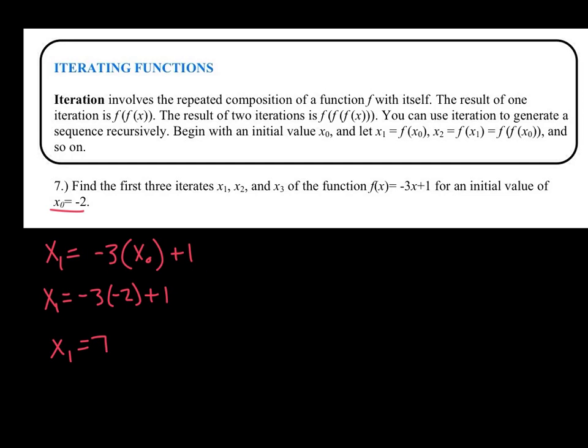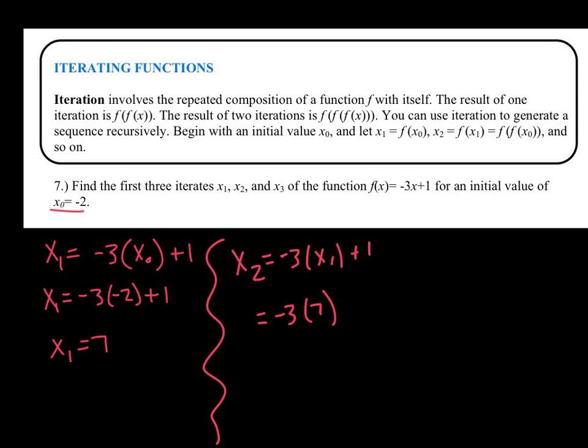So then I want you to find x sub 2, which will equal negative 3 times x sub 1 plus 1, and we just found that. So negative 3 times 7 plus 1 gives us negative 20.